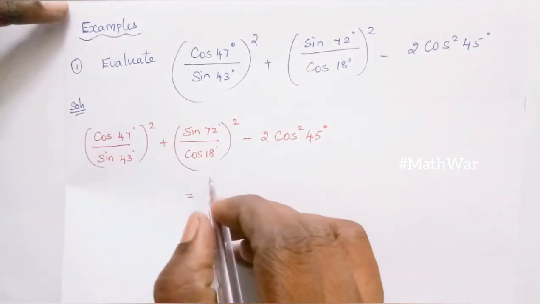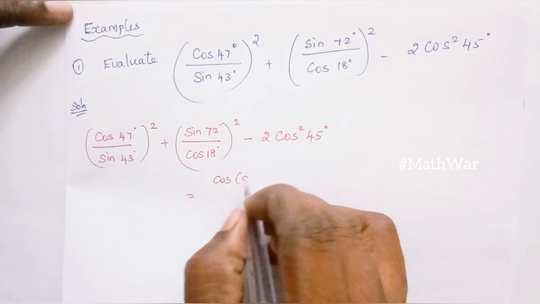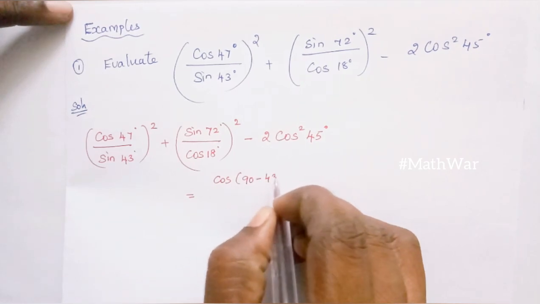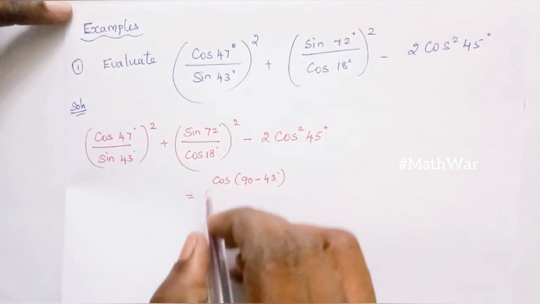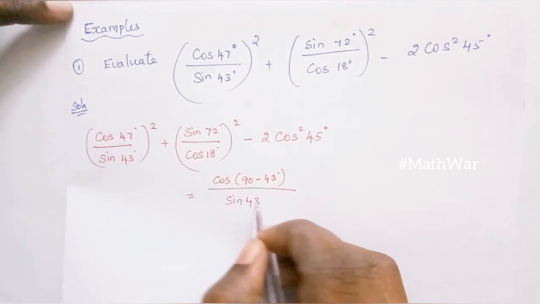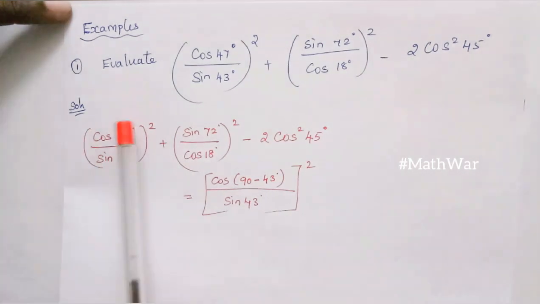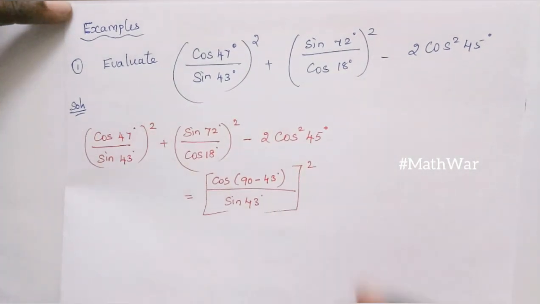So cos 47 degree can be written as cos of 90 minus 43 degree, by sin 43, whole square. Either the numerator or the denominator we can change, only in one place.